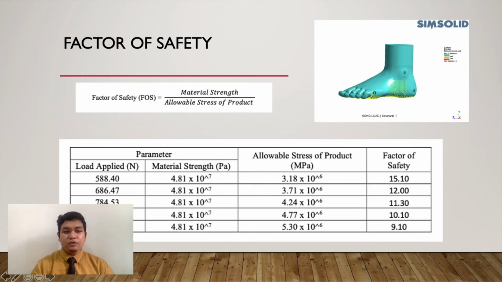For 60 kilogram or 588.4 Newton, the factor of safety is 15.1, and for the load of 980.67 Newton or 100 kilogram, the factor of safety is 9.10.